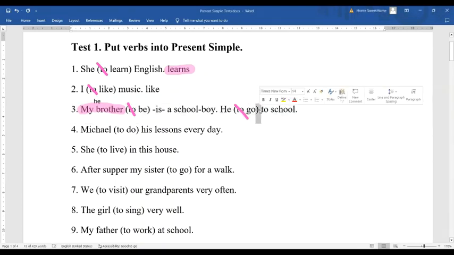So here we say, my brother, he goes. Oh, he goes to school. Okay, hope this makes sense. Of course, you can pause and do the rest of this exercise.